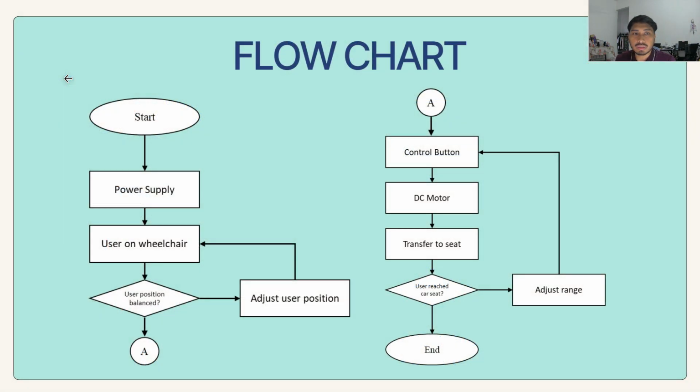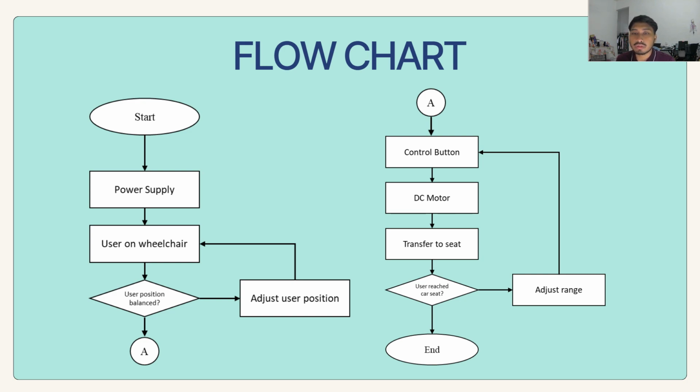Alright, so for the flow chart, we start by turning on our power supply, and then we need to make sure that our user is on the wheelchair. Is the position of the user balanced? If not, we need to adjust the user's position. If the user's position is balanced, we proceed to the control button to control our planetary DC gear motor, which has only two functions, up and down.